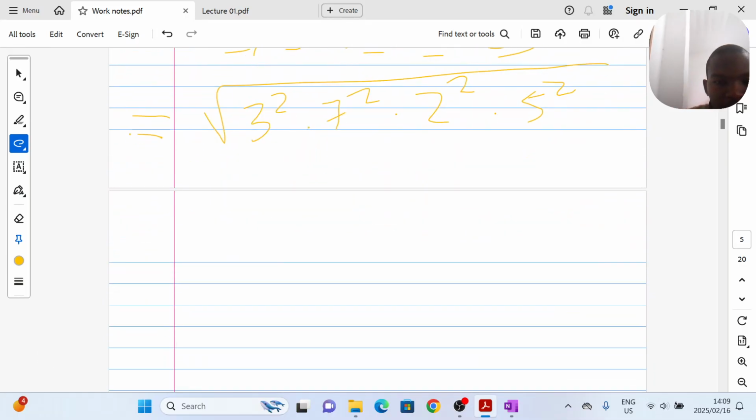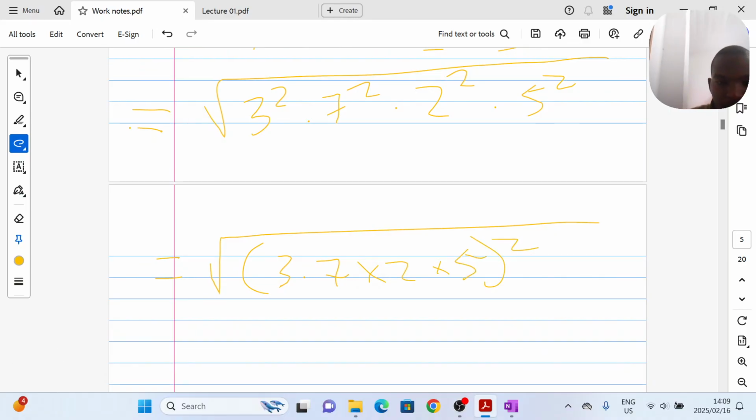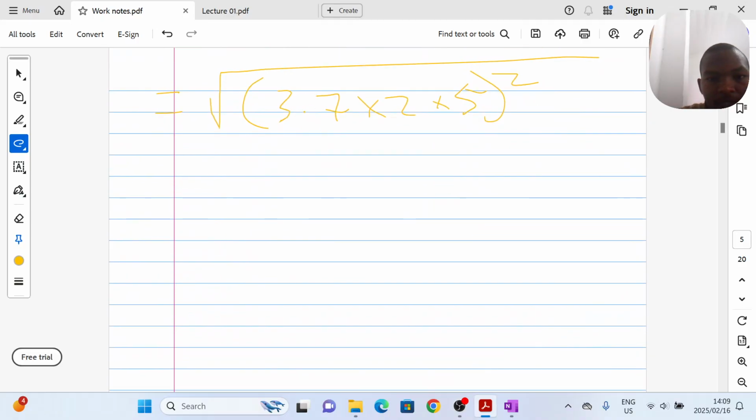Now that we have this nice thing here, you can see that this is the same as whenever you have 2, 2, 2, we can always combine this. We have 3 times 7 times 2 times 5 all squared. Now, if you look at 3 times 7 times 2 times 5, this is positive.